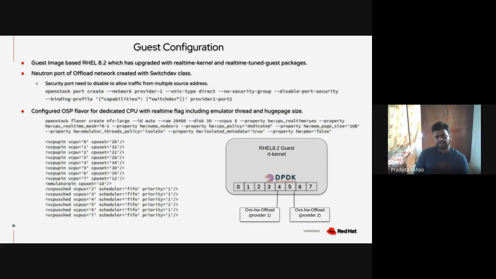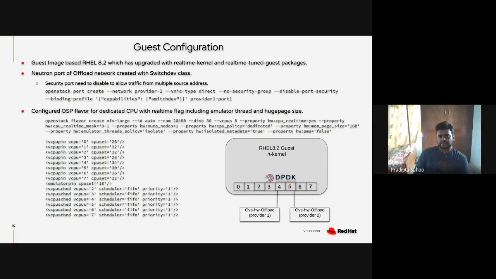Okay, coming to the guest side, we upgraded the guest kernel to real time and applied the real-time guest tuned profile. And on the Neutron port side, we disable the security group, and we also set the binding profile of switchdev so that your virtual representor port is enabled with the switchdev API to communicate with your hardware chipset.